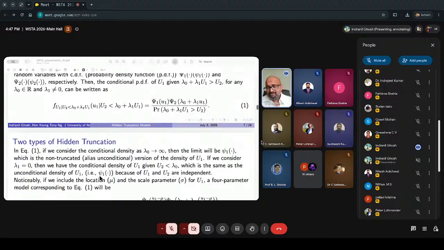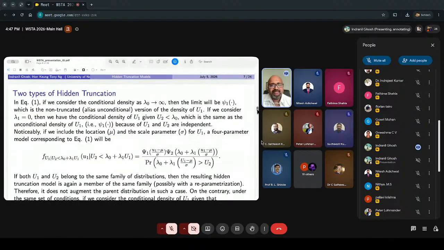And when you set lambda 1 to 0, then we have the conditional density of U1 given U2 less than lambda 0, which is simply the unconditional density of U1 because U1 and U2 are independent. Now, if you want to include location and scale, then it will look like this.